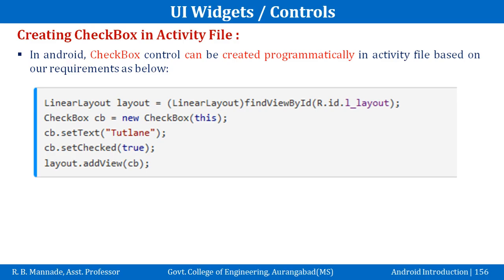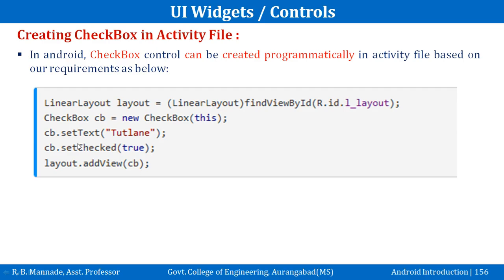Now we will see how to create a checkbox control in the activity file, it means in a programmatic way, right? So a checkbox control can be created programmatically in the host activity as shown in this particular code snippet.